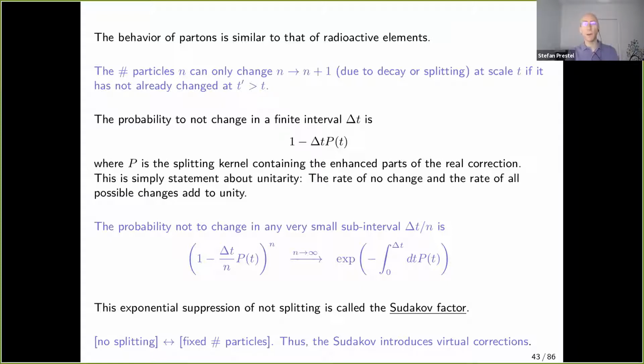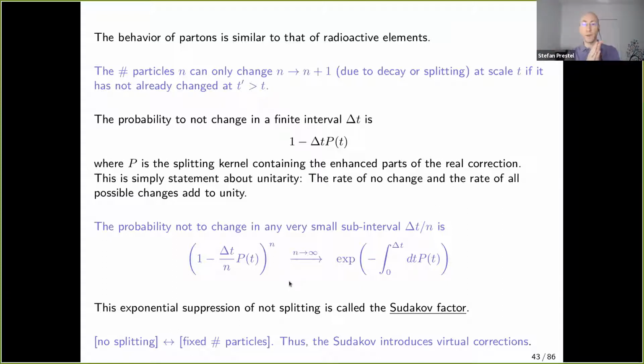Now, you can further subdivide this interval into very small intervals delta t over n. Then the probability for not changing in any of these small intervals is 1 minus this smaller interval times the splitting kernel, raised to the power of n.